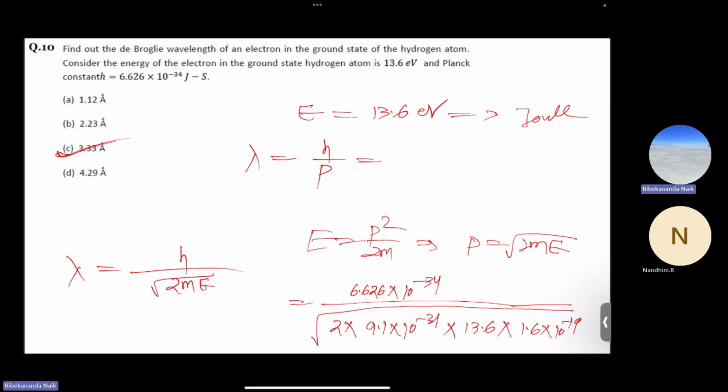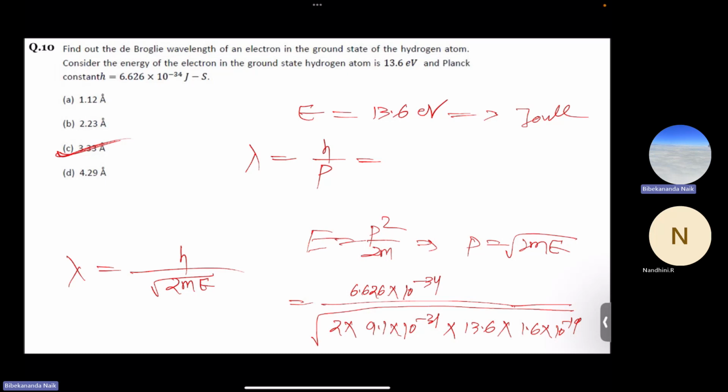Now if you see, the energy needs to be converted into joule. So we know 1 electron volt is 1.6 into 10 to the power minus 19 joule, and the relationship between momentum and energy is p square is equal to 2mE. So p will be root over of 2mE. Now putting all the values, if you calculate, lambda will be h by root over 2mE, which will give us the value of the wavelength as 3.33 angstrom.